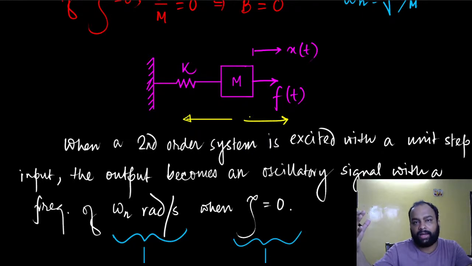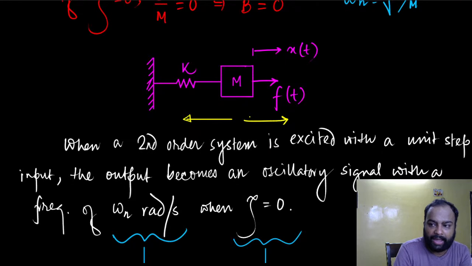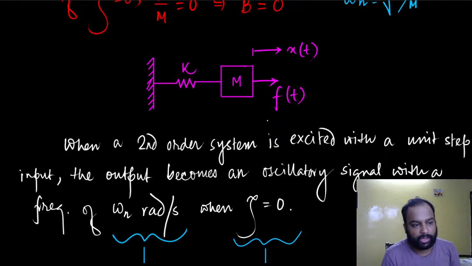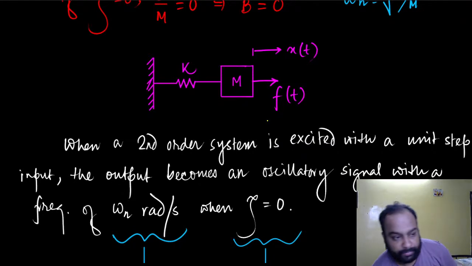When the spring has stretched to its final position, it wants to go back to its original position, so it tries to go back and gets compressed. This keeps on happening forever if there is no friction. There is nothing that can spend energy. I think you understand my point here. That's the undamped situation, and that is why omega n is known as the undamped natural frequency of oscillation.